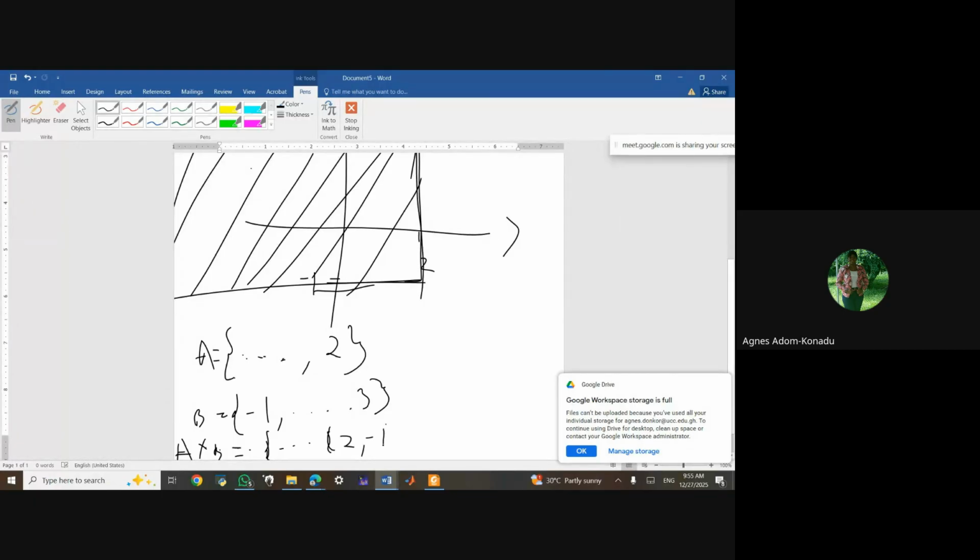At -1, you have some points, then you have (2, -1), or (2, 0). You can have (2, 0). Then you have some points before you get to (2, 1). You have some points, you get to (2, 2). Then you have some points before we get to (2, 3). So it's like that. But when you sketch, you're going to get something like this.